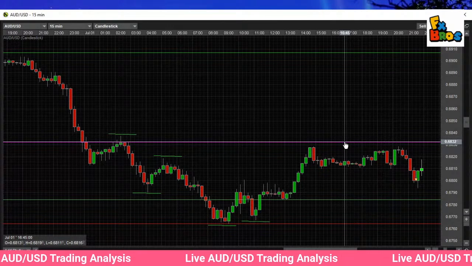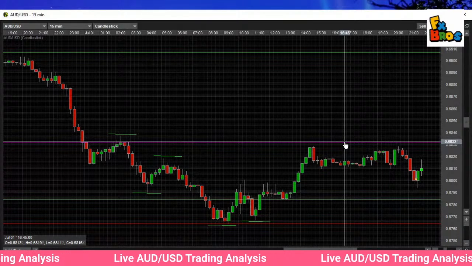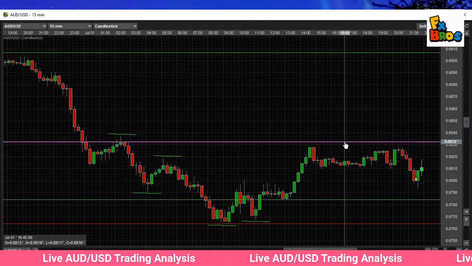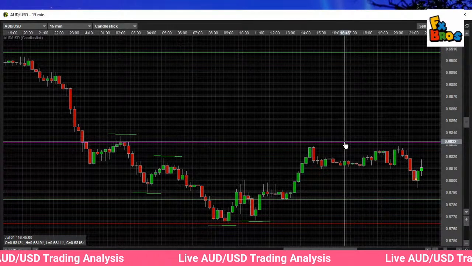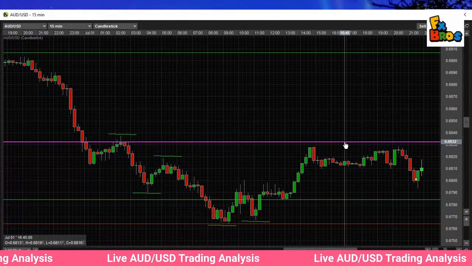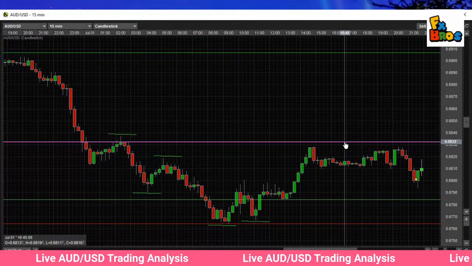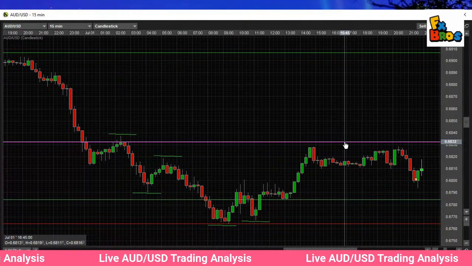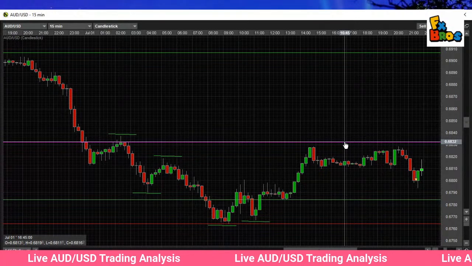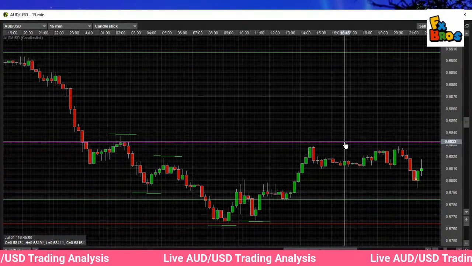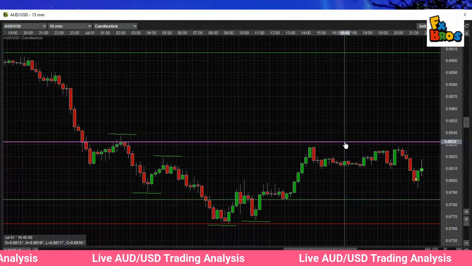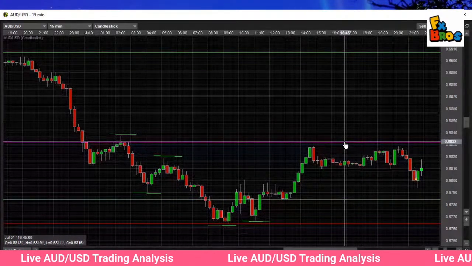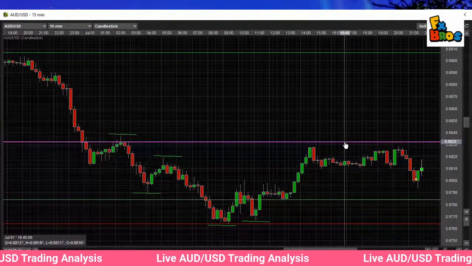Two more minutes for this candle to close. If you were in buys, you're gonna hope that volatility fills that wick, because if it don't, we might be heading lower. We got more rejection coming down to the bearish side than bullish.